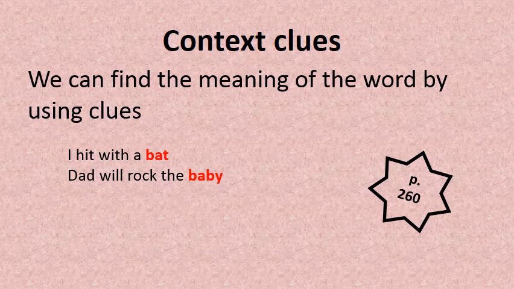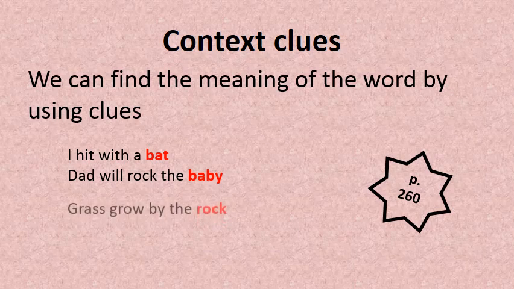So rock here is the hint so we can understand what the dad is doing with the baby. So you are going to draw a line. If they didn't add these clues to the sentence, we would not understand. It will be easier to make a line and find the picture. This is what we mean by context clues.